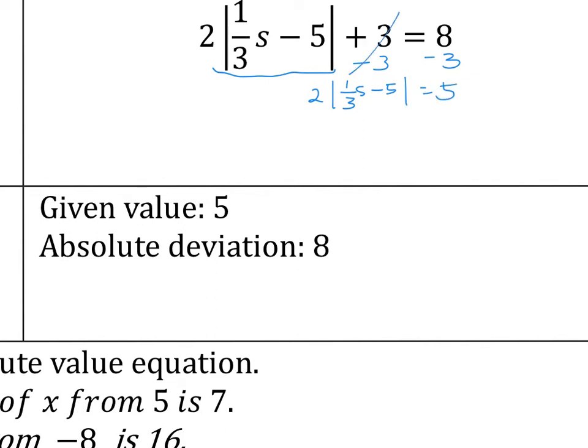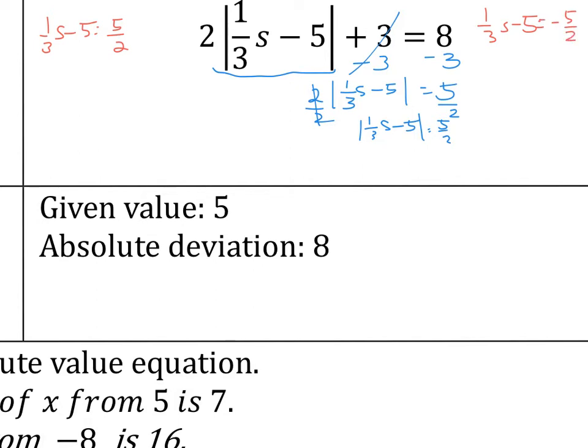And then I need to divide both sides by 2 to get 1/3 s minus 5 equal to 5 over 2. Now I'm going to have to solve. My first setup would be 1/3 s minus 5 equal to 5 over 2. My second setup would be 1/3 s minus 5 equal to negative 5 over 2.